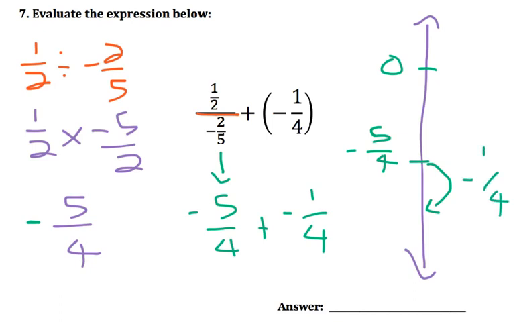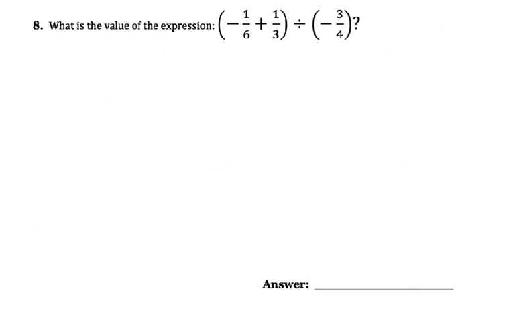As we get farther away from 0, the numbers go up, and you get negative 6/4. So that's the hardest level with these problems. Here's a problem very similar to that level. Use order of operations, keep track of if the answer is positive or negative, and see if you can figure this one out.